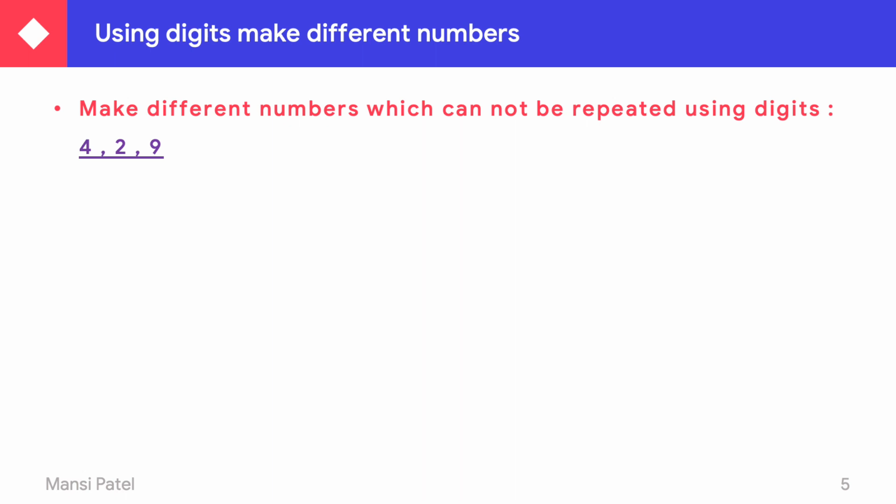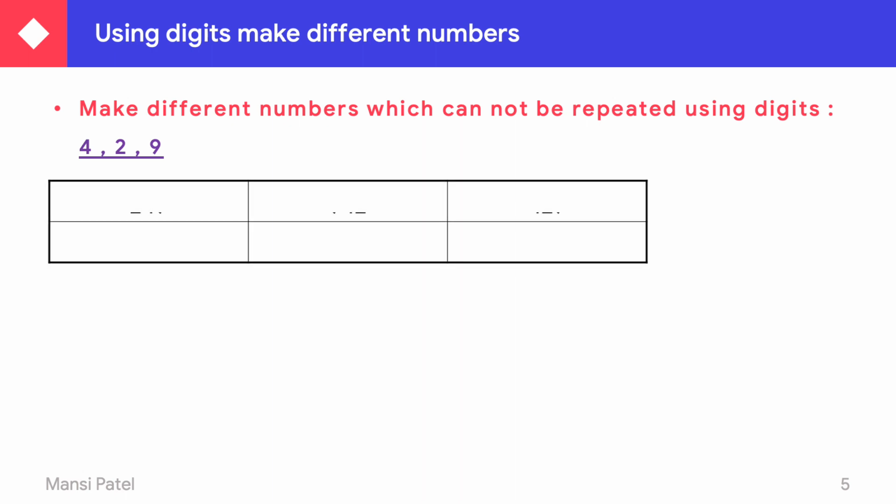With the help of this 3 digit, you have to make the different numbers. Numbers like 429. Then you have to write down 294. These all are the different numbers you have to make by this digit.